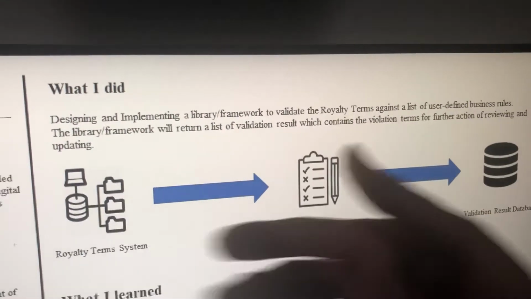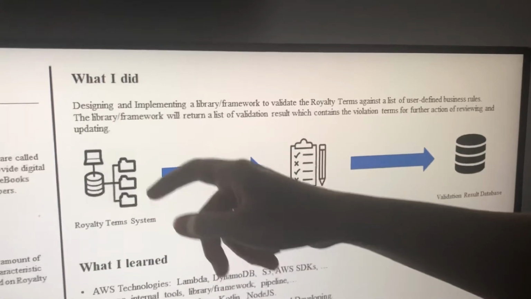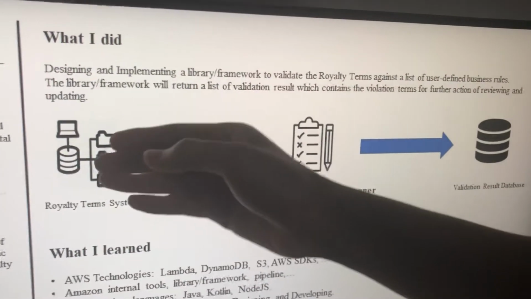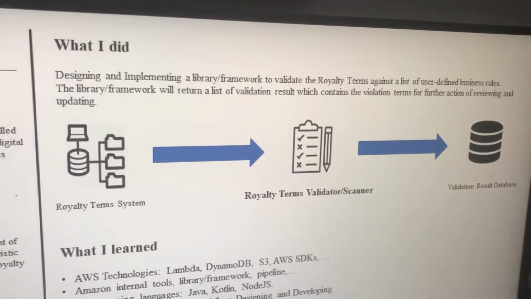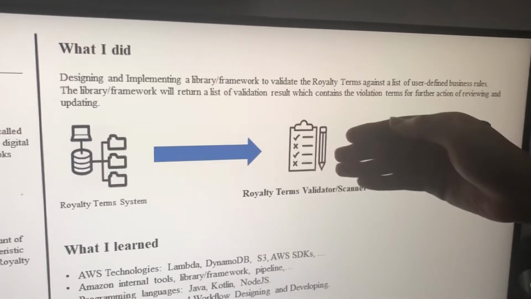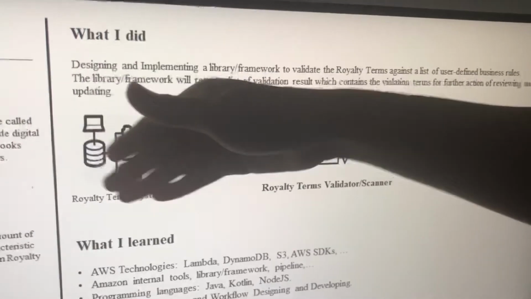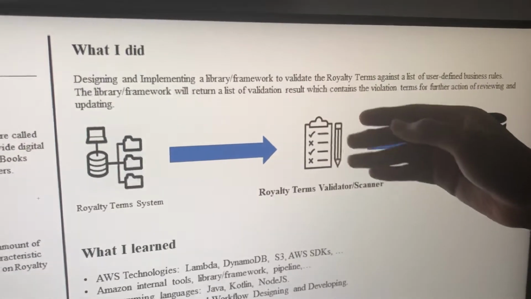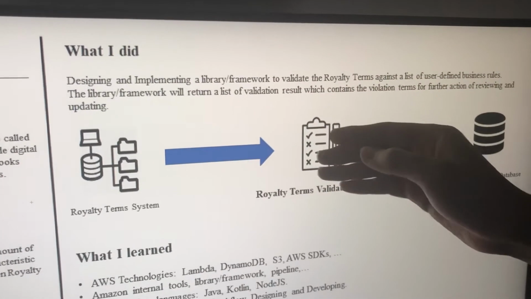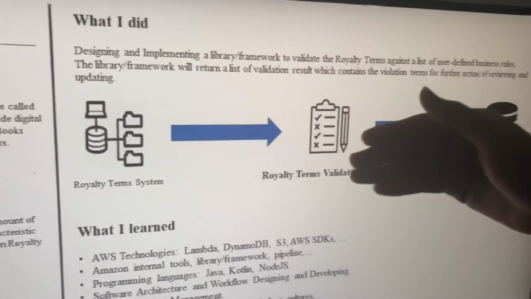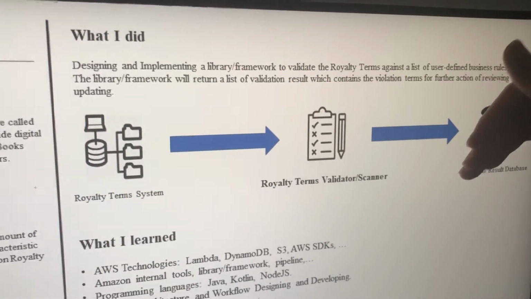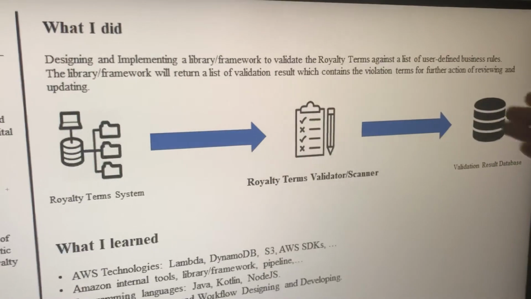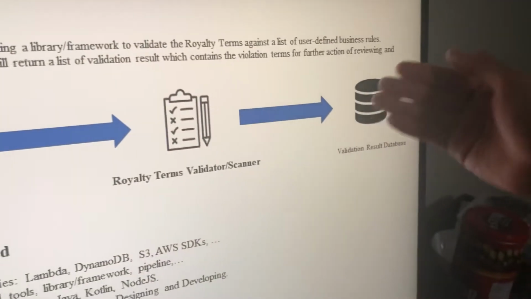As I presented before, this is the database that contains the royalty terms. A lot of files here are used to calculate the royalty amount. This is where I work. I get all of the data from the database and pass it into my library, my framework, and this produces a list of violation results, which are stored into the validation result database.